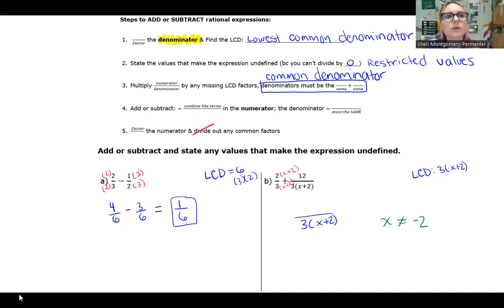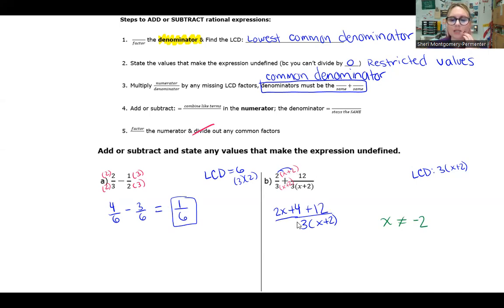As I go through and I rewrite this, I have to make sure that I distribute right here. So for my first fraction, I get 2x plus 4. And then from my second fraction, I have plus 12.